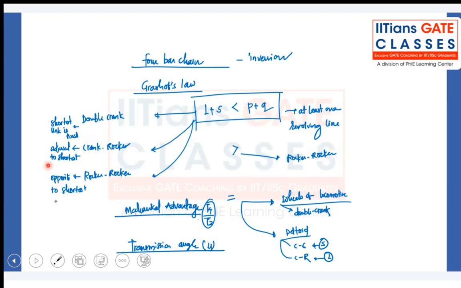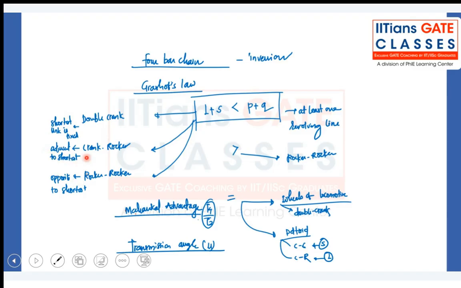And if it is less than, then depending on which link is fixed, we have different mechanisms. So I'll just consolidate it in a minute. If the sum of the lengths of the shortest and longest links is less than the other two, then there are three different cases, depending on which link you are fixing. If you are fixing the shortest link, it is a double crank mechanism.